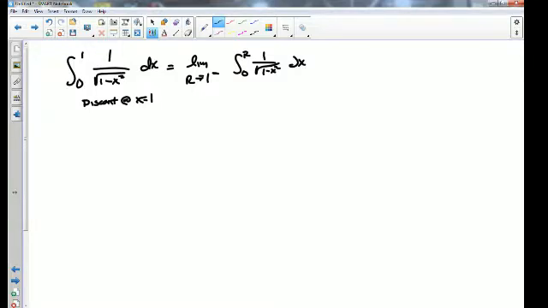So just be wise about which point is discontinuous, and choose your approach accordingly. Thinking graphically, this is the right-handed limit, this is the left limit, but we have to approach it from the left.